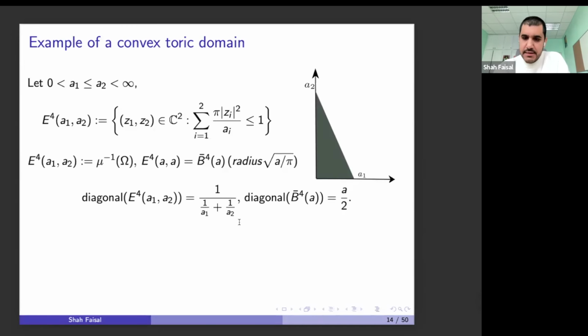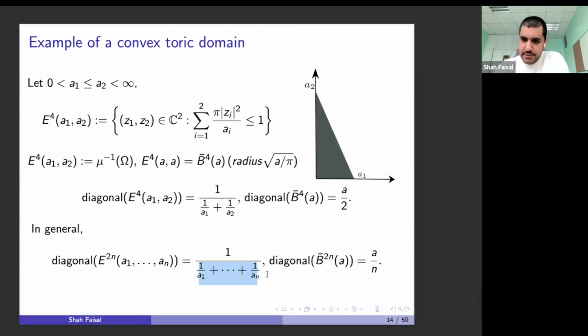And for the ball, where both sides have equal lengths, the diagonal equals the capacity of the ball divided by 2. And in higher dimension, if you take a simplex, then you have this higher dimensional ellipsoid, and the diagonal of the ellipsoid is this number now. And for the ball, the diagonal equals the capacity of the ball divided by n.